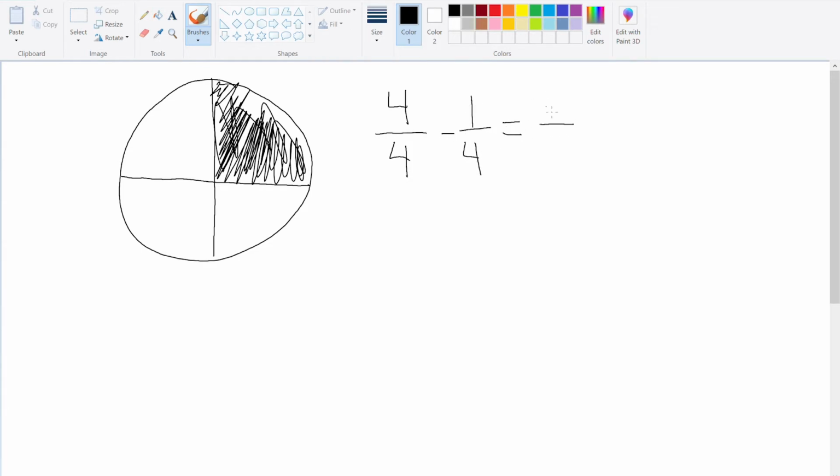So now there are 1, 2, 3 of the initial 4 slices left. We will come back to the subtraction in a second. Let us discuss how multiplication works first.